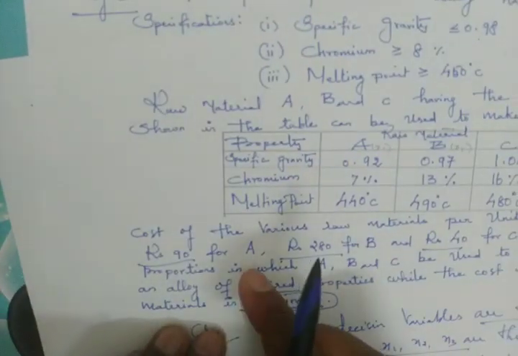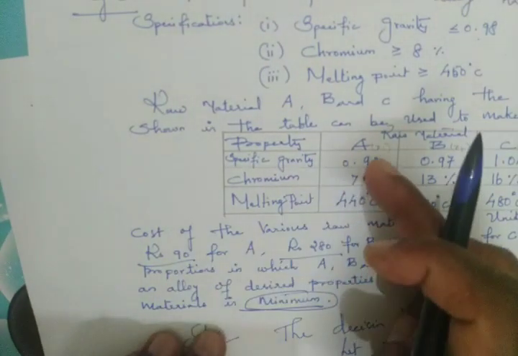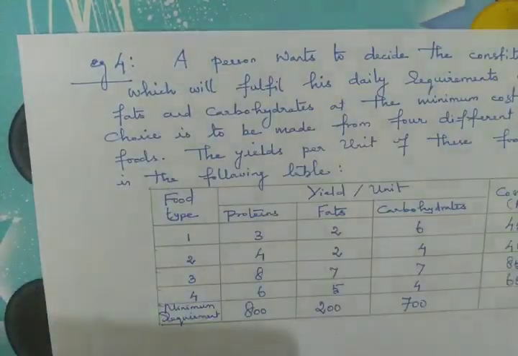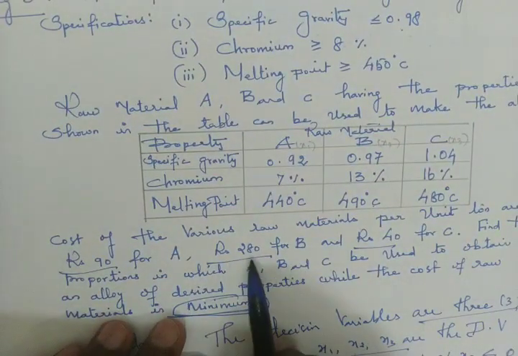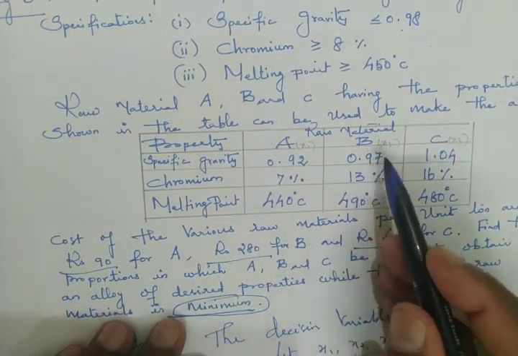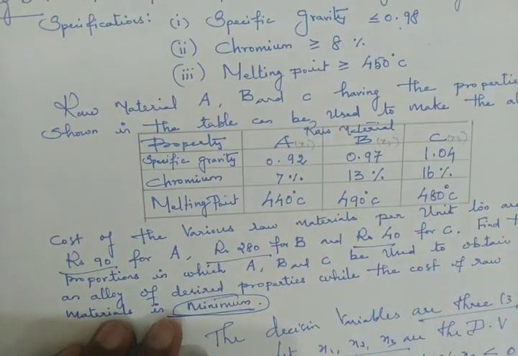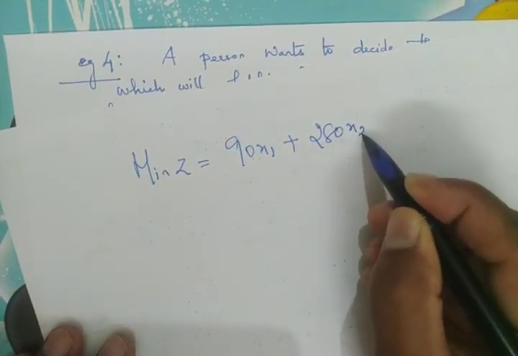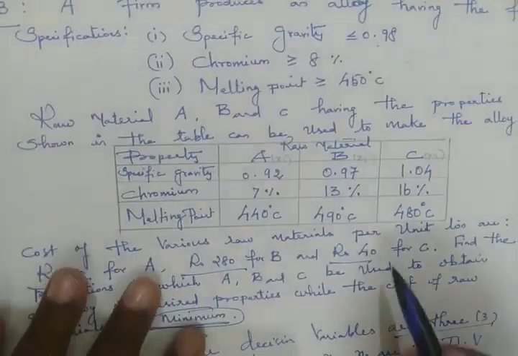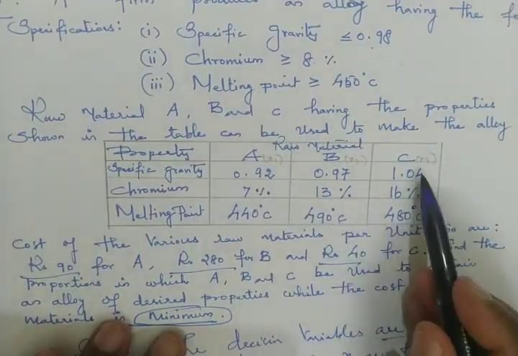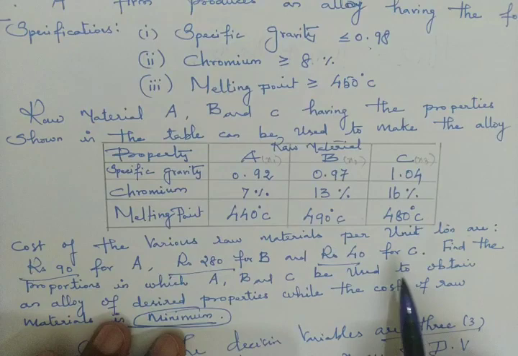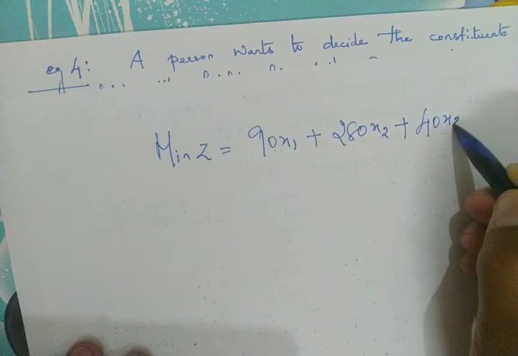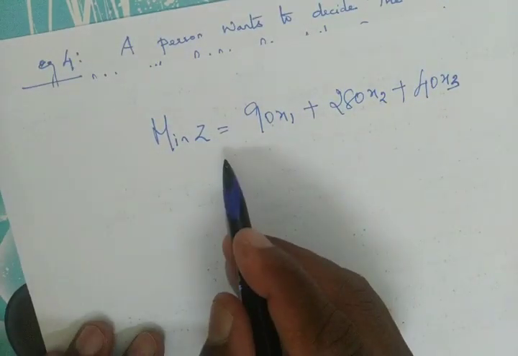For product A the price is 90 into x1 plus, for product B the price is 280 into x2 plus, for C the cost is 40 rupees, so 40 into x3. This is the objective function we have written.